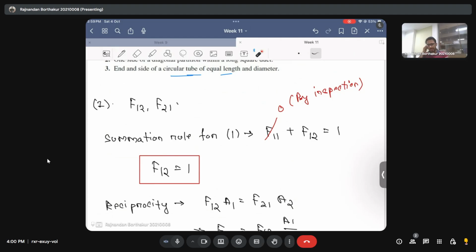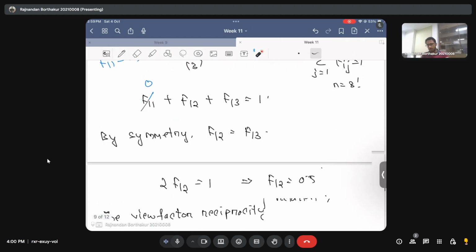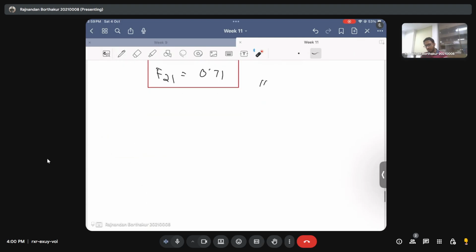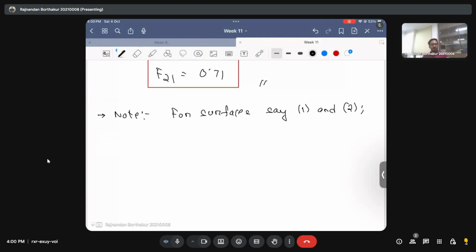For instance, just to give you an example, this is a note which I want to make. Let's say for two surfaces, say 1 and 2, you can infer that there are going to be 4 view factors.